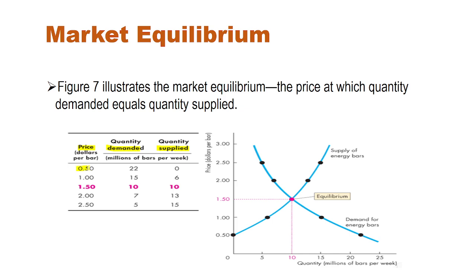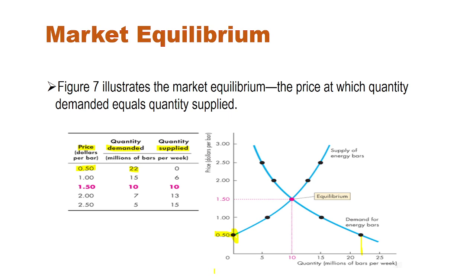At different prices, for example 50 cents, the quantity demanded equals 22. But the quantity supplied at 50 cents is 0. So demand and supply in this case are not equal.